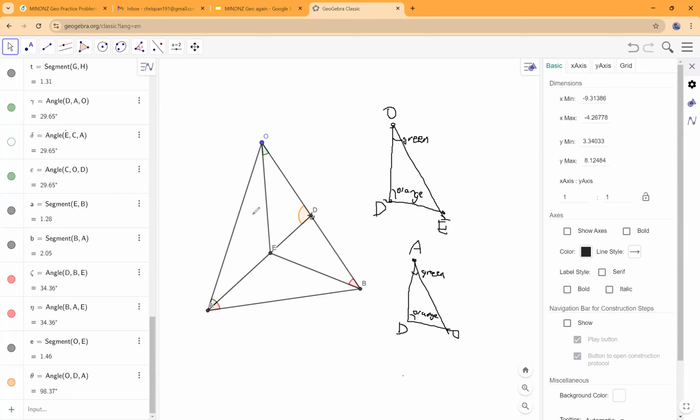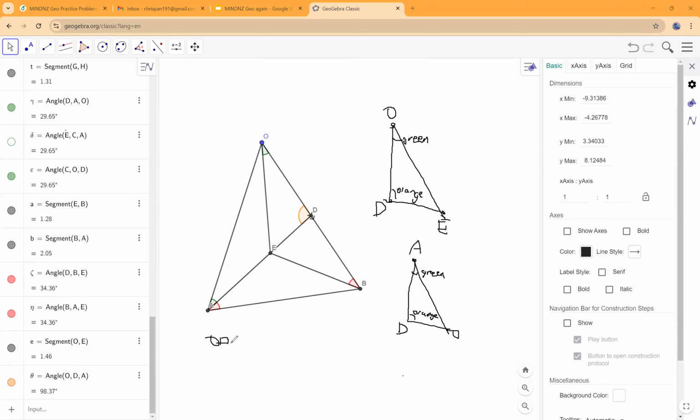It's nice because OD is in both of the triangles. OD in the top one corresponds to the middle length, but OD in the bottom one corresponds to the shortest length. So in the top triangle, let's calculate the ratio of the middle length to the shortest length.